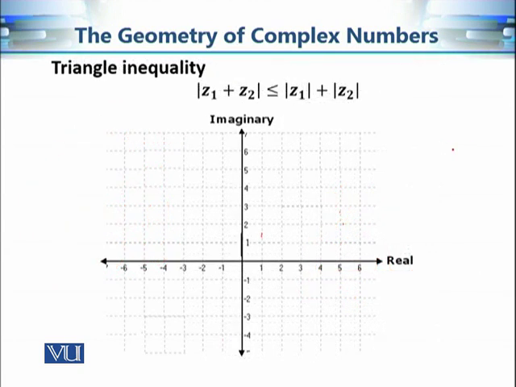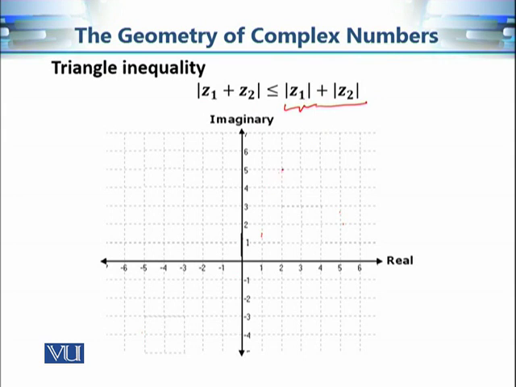Now the next property about modulus is the well-known triangle inequality. This inequality says that if I add two complex numbers, then the modulus of z1 plus z2 is bounded above, or has an upper bound, by mod of z1 plus mod of z2.